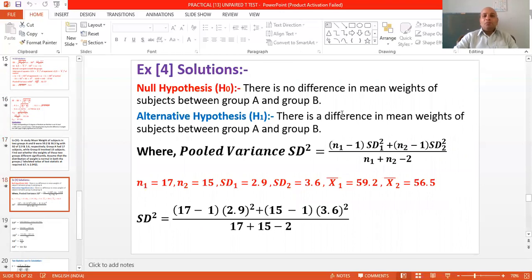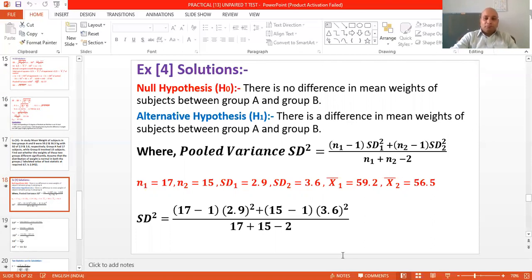Then solution. The null hypothesis: there is no difference in mean weight of subjects between group A and group B. Then alternative hypothesis: there is a difference in mean weight of subjects between group A and B. Then calculating pooled variance, SD square is equal to (n1 minus 1) SD1 square plus (n2 minus 1) SD2 square upon n1 plus n2 minus 2.